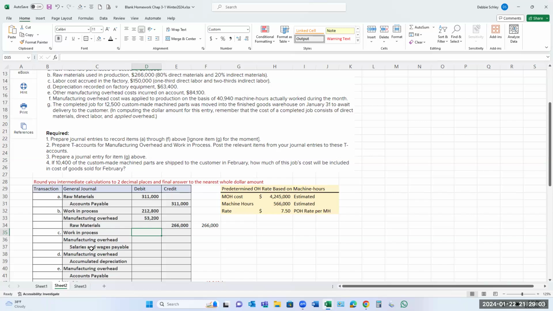So that's my total salaries and wages payable credit. Now this one is tricky because it says 1/3 direct labor and 2/3 indirect labor. So the first time I did this problem, I multiplied 150,000 times 1/3 or 0.33.